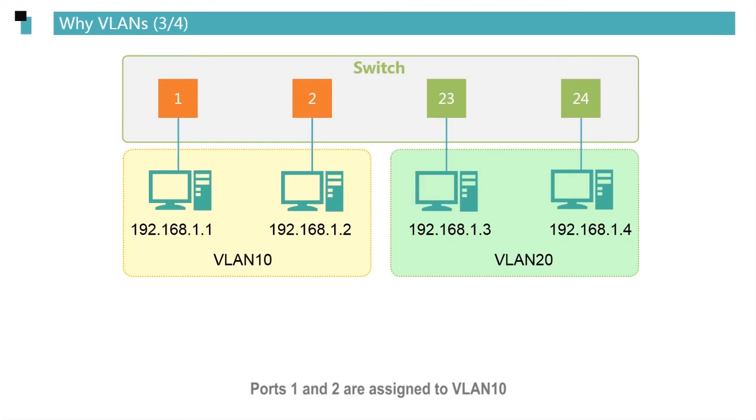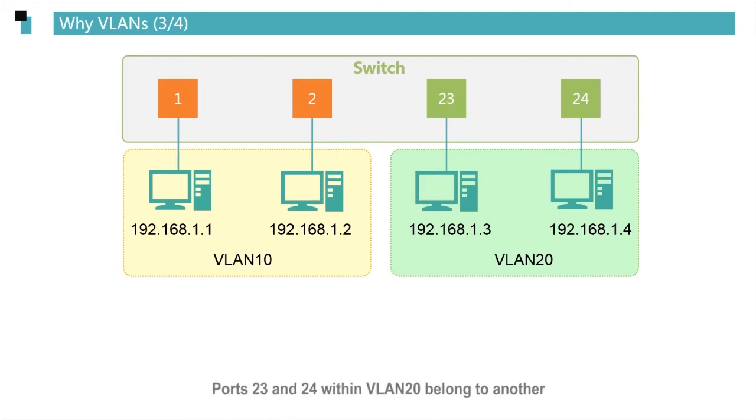Ports 1 and 2 are assigned to VLAN 10, and ports 23 and 24 to VLAN 20. PCs connected to ports 1 and 2 are added to VLAN 10, and they are within the same LAN and broadcast domain. Once IP addresses on the same network segment are assigned to the PCs, these PCs can communicate with each other.